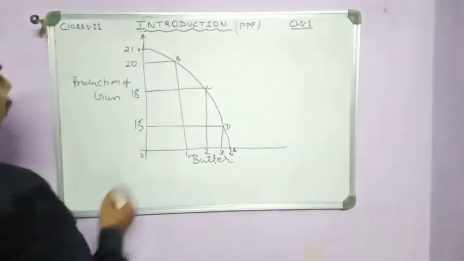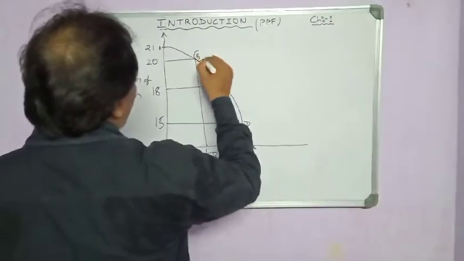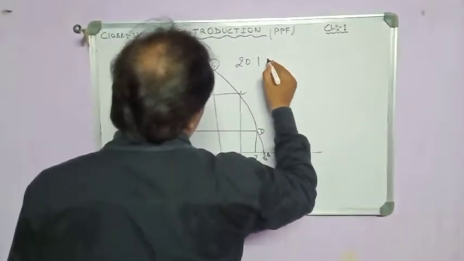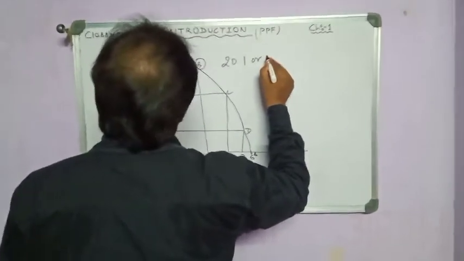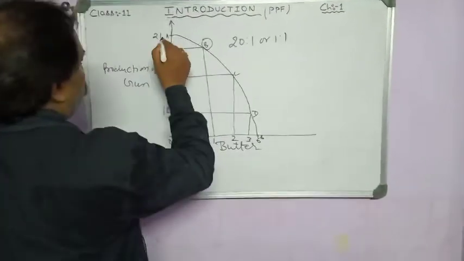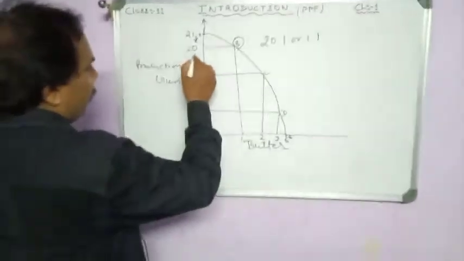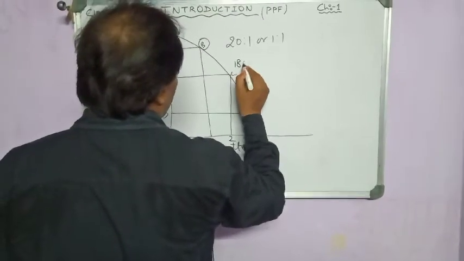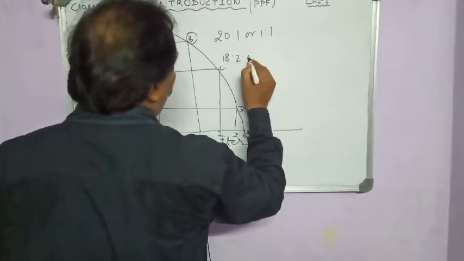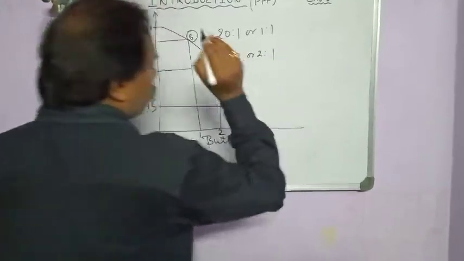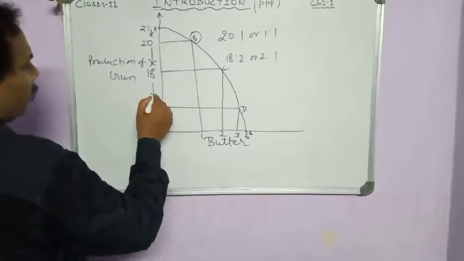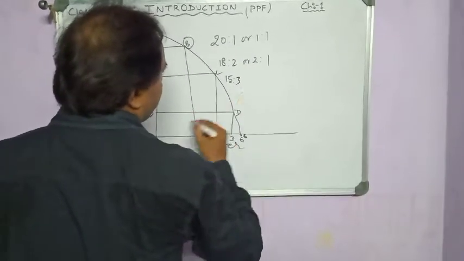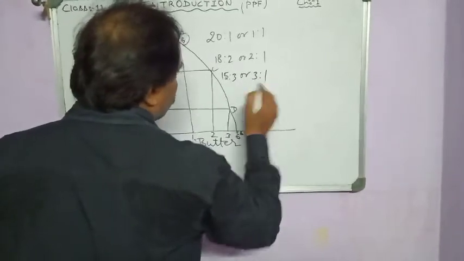So in this way we can say the B point indicates 20:1 or 1:1. So 1 unit is sacrificed here. Here 2 units are sacrificed, that is 18:2 or 2:1. Here 3 units are sacrificed, so 15:3 or 3:1.